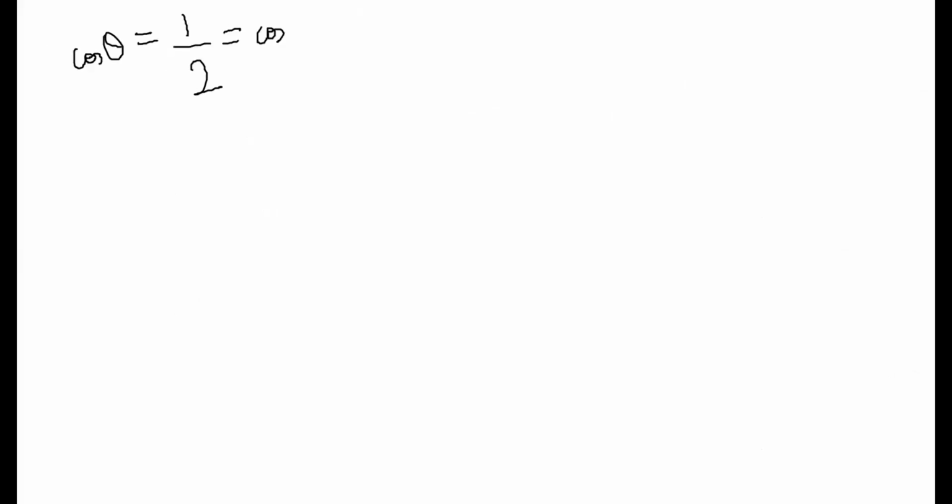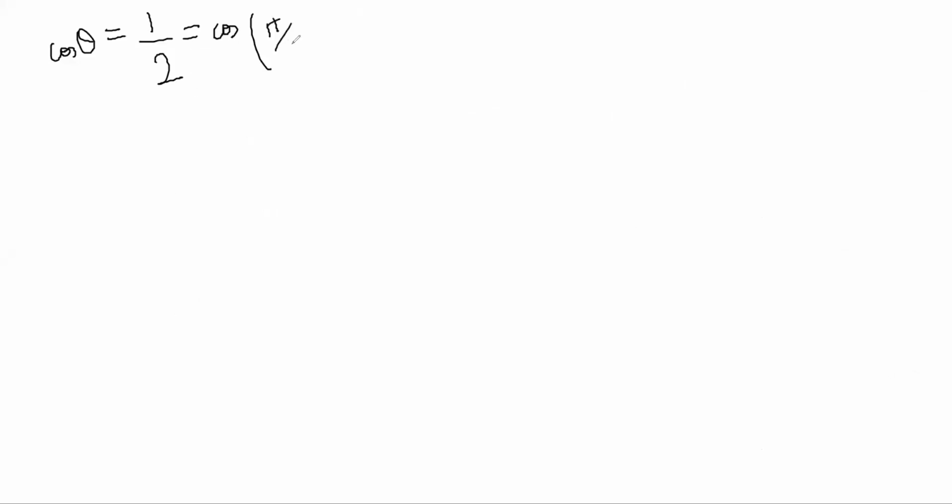Cos theta is equal to, suppose, half, right? Try to guess what are the values of theta which will satisfy this. One is cos pi by 3. Then 2 pi by 3 doesn't work because that gives minus half.